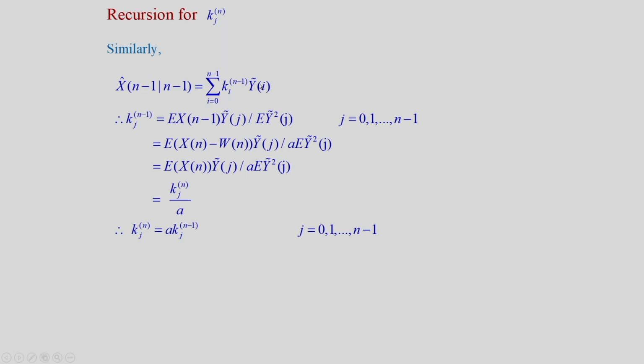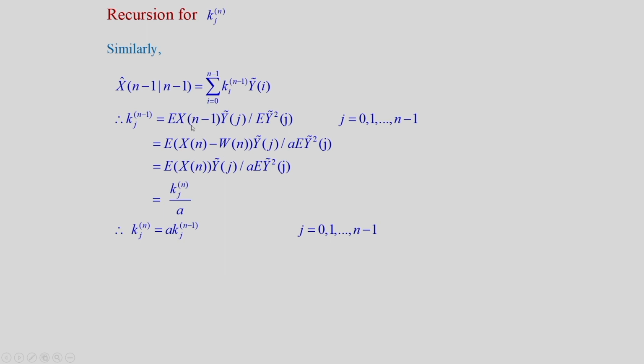And in the same manner we can find kj n minus 1, that will be equal to E of x n minus 1 into y tilde j divided by E of y tilde j square. This is for j equal to 0, 1 up to n minus 1, because we are considering the estimator at instant n minus 1.